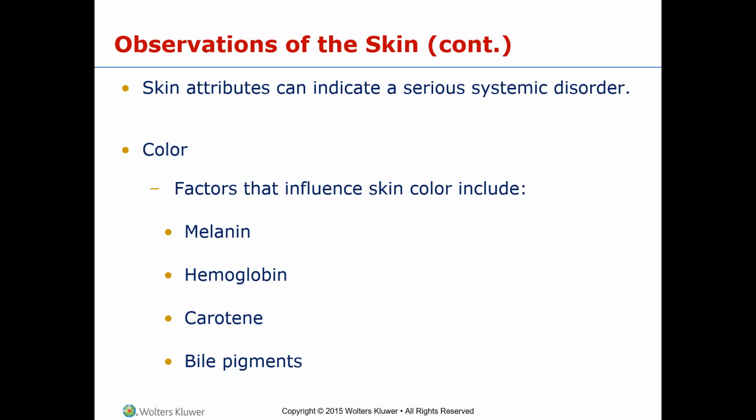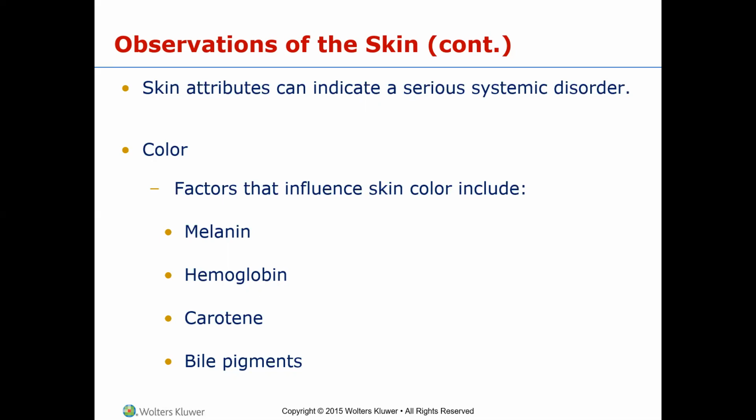Then, of course, we have hemoglobin, which is traveling around in our blood, in our red blood cells, which gives us some color, some rosiness, because we get that vascularization, and the blood is rising to the surface through the blood vessels.